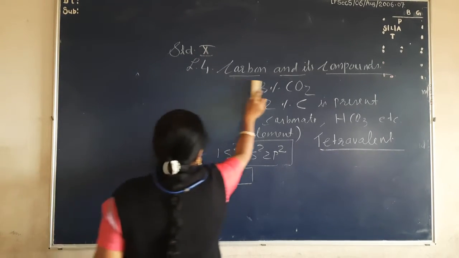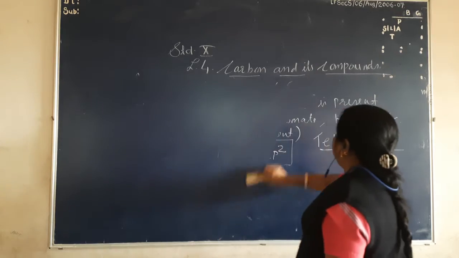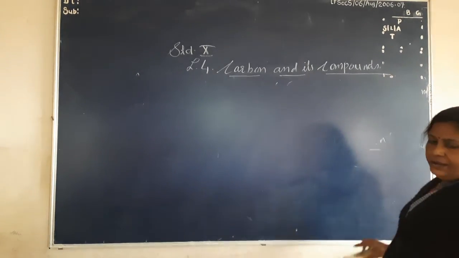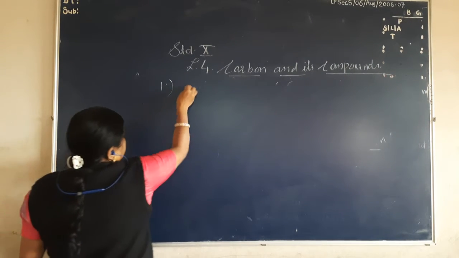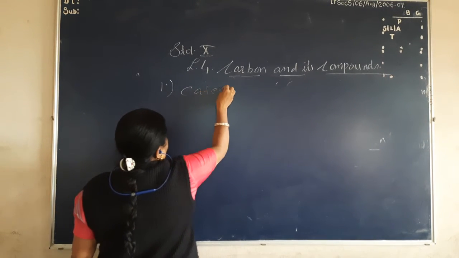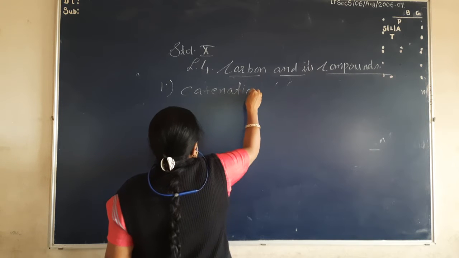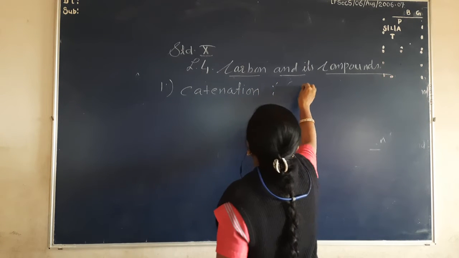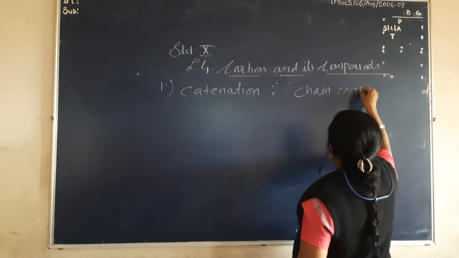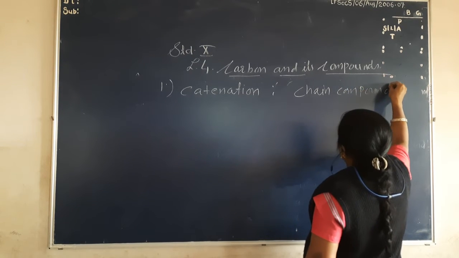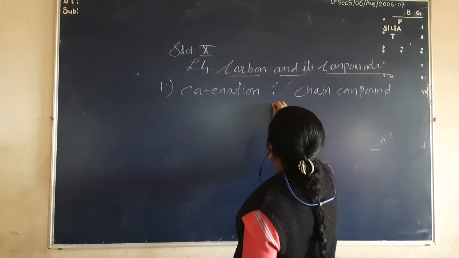So this carbon is versatile in nature. What does versatility mean? Carbon has a unique property of catenation. What is catenation, beta? Catenation means it forms chain compounds. It can form branched chain compounds.